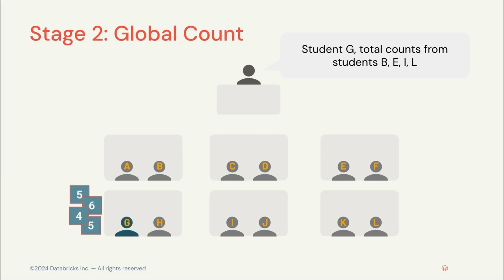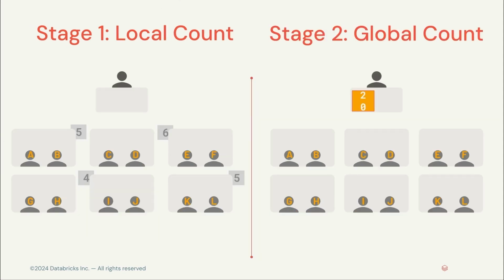So there we go. We have each node now, each executor gets its local count, reports back, and then stage 2 is the global count, where we count up all of the totals, get a global count of all of the candies in the bags. That has to happen after the local counts are finished. We can't get a global count until we know what the local counts are.